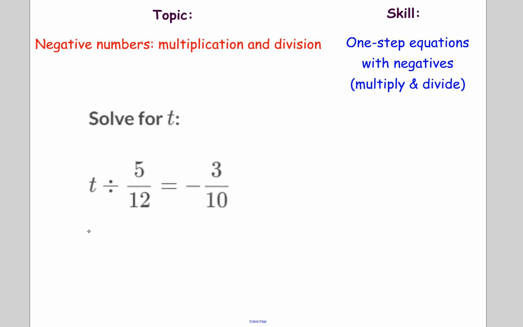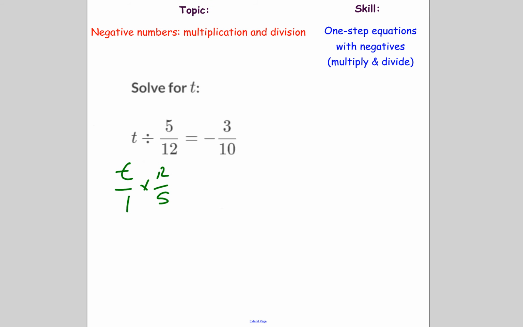Divided by is the same as T over 1 times the reciprocal, which is 12/5, right? So really, another way of writing this side right here, t divided by 5/12, is really the same as 12 over 5 times t. All right, I want you to think about that.